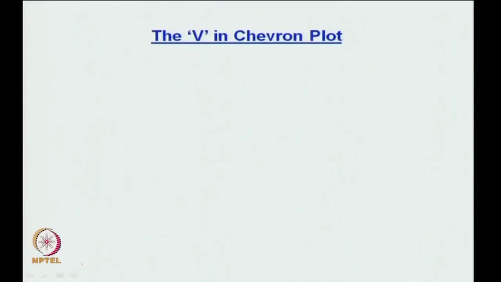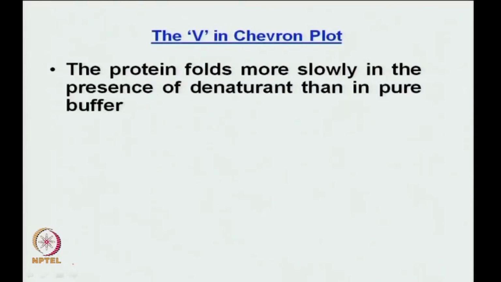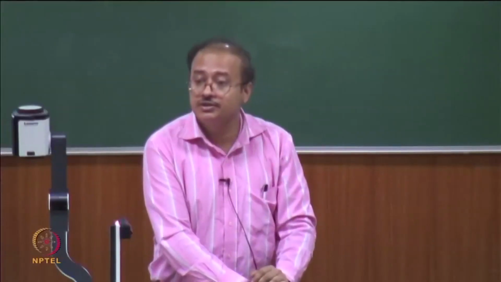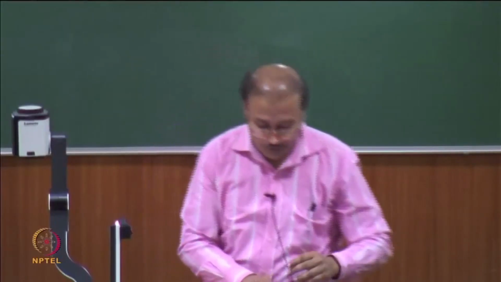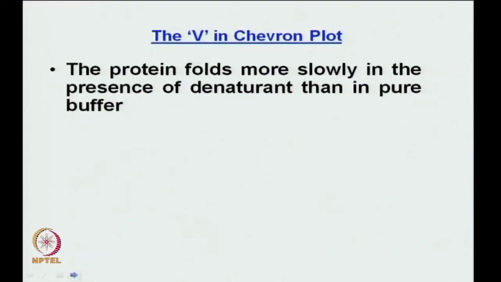So, then as I said, the V in the chevron plot. What is the V in the chevron plot? It means that the protein folds more slowly in the presence of denaturant than in pure buffer. That is understandable, right, because remember what ln Kf was? ln Kf was equal to ln Kf H2O minus mKf times D, right. So, in presence of denaturant it would fold more slowly.